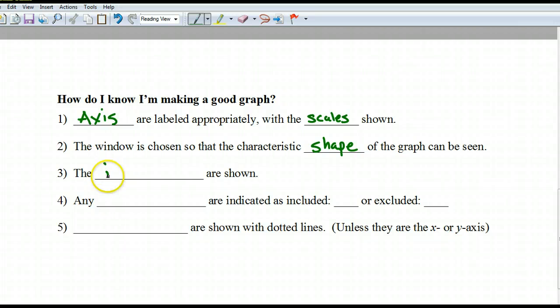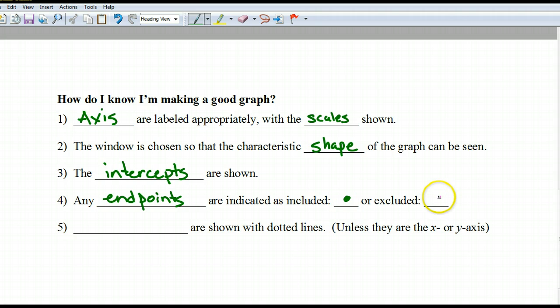The intercepts are shown. Any endpoints are indicated as included. If it's included, it would have a solid dot. And if it's excluded, it'd be an open dot, just like with greater than or equal to or less than. And then the last one is asymptotes. They are shown with dotted lines.